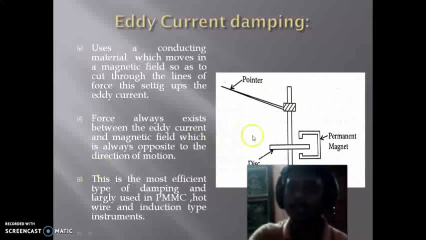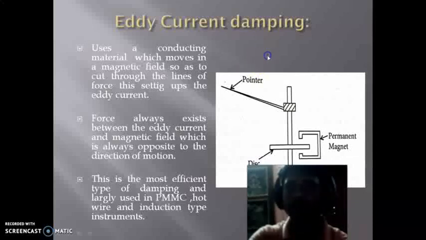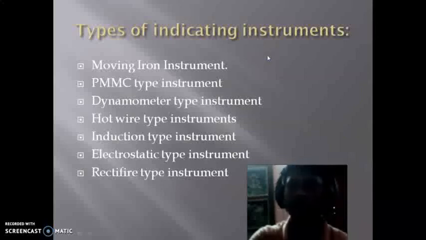And by using these essential things, we can develop different types of instruments, like moving iron instruments, permanent magnet moving coil instruments, that is PMMC type instruments, dynamometer type instruments, hot wire type instruments, induction type instruments, electrostatic type instruments, rectifier type instruments.